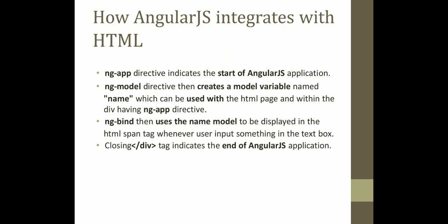Again we are focused on the same example of creation of AngularJS. In that, the ng-model directive creates a model variable, and the model variable name we have kept as name, which can be used within the HTML page and within the div tag having the ng-app directive. Then the third part, ng-bind, uses the name model to display in the HTML span tag whenever the user inputs something in the text box.